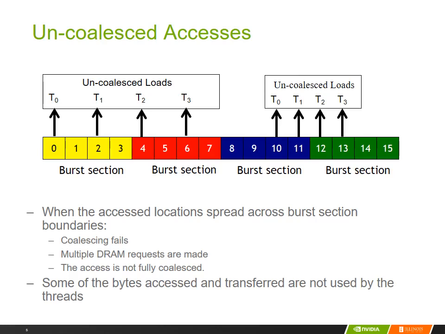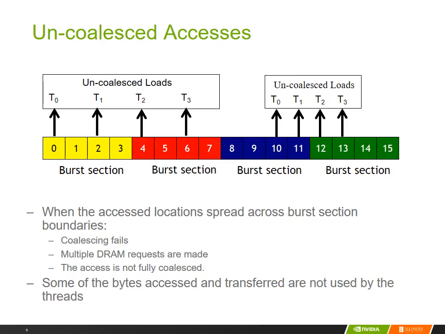Sometimes we can also still have uncoalesced loads even when the threads are accessing consecutive locations. This is illustrated on the right-hand side, where thread 0 accesses byte 10, thread 1 accesses byte 11, thread 2 accesses byte 12, and thread 3 accesses byte 13. In this case, the access locations are spread across burst boundaries because the starting location of the access locations is not at the burst boundary.